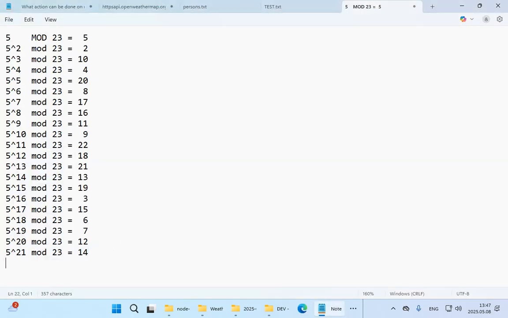And let me check the last one, 5 to the power of 22 mod 23. How much is this? 23, so it is like, what could be there?